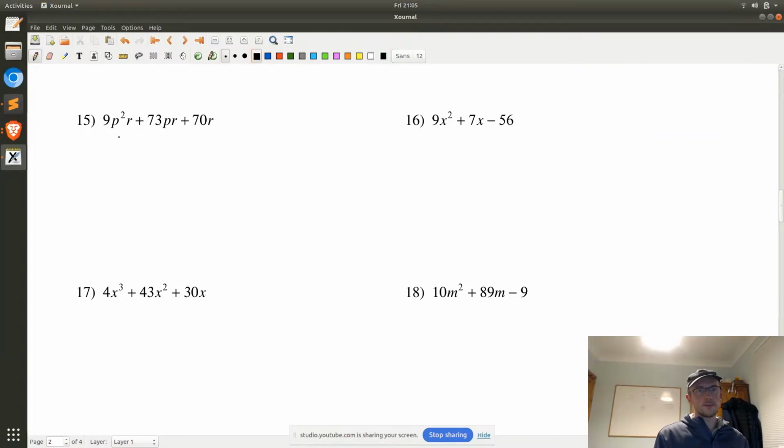So for here, 73 is a prime number. So bring out r. So we have 9p squared add 73p, add 70.